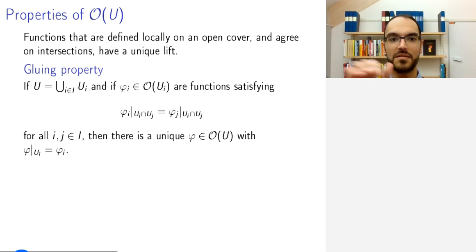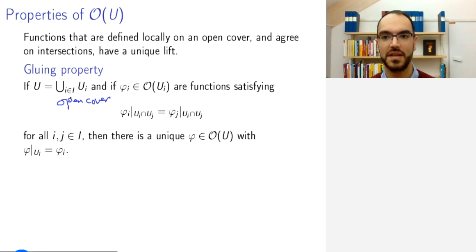So more precisely, this gluing property that I have described says that you can glue these rings along intersections. Namely, if you have any open cover, so in my picture I just had two Ui's, here you can have any finite or infinite collection.